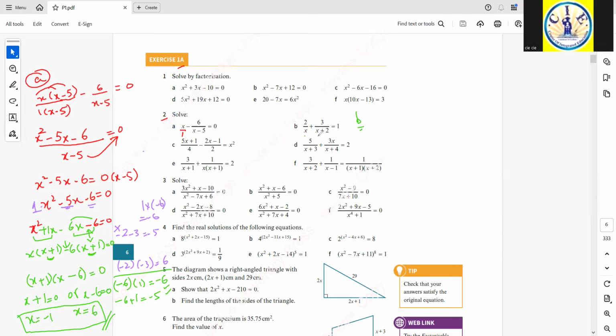You can see that the denominators are different. To make the denominators the same, what we need to do is that the first fraction is to be multiplied by x plus 2, and the second fraction is to be multiplied by this x.